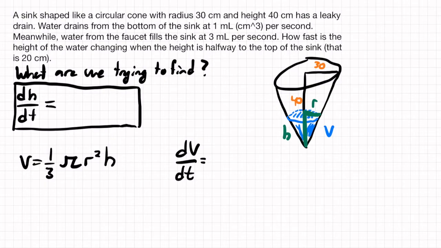Well, it's given in the problem. It's 3 milliliters increasing, and then minus 1 because there's 1 milliliter draining, so dV/dt equals 2 milliliters per second. I won't worry too much about units.